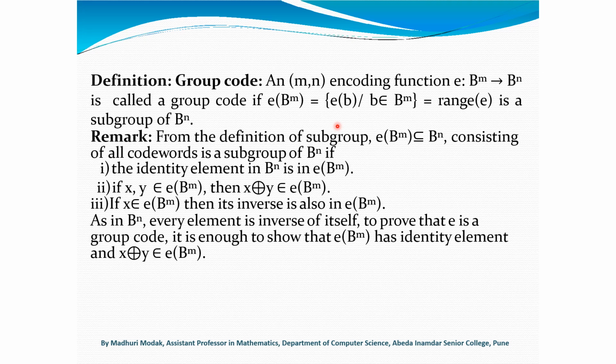So if the set of all images is a subgroup of B^n, then in that case we say that the (m,n) encoding function is a group code.